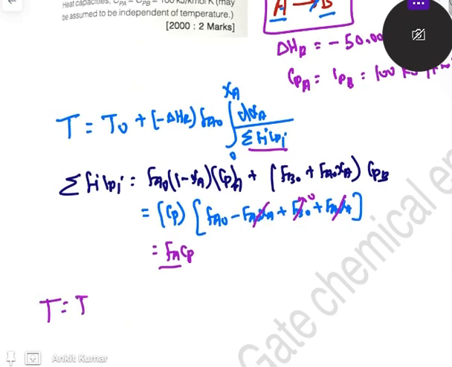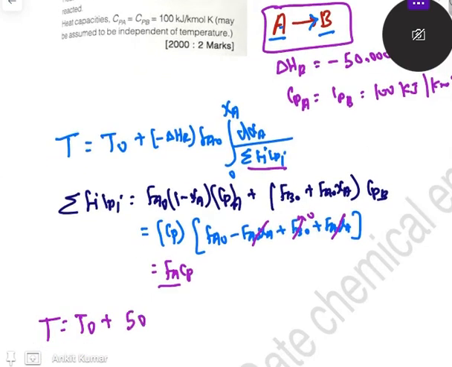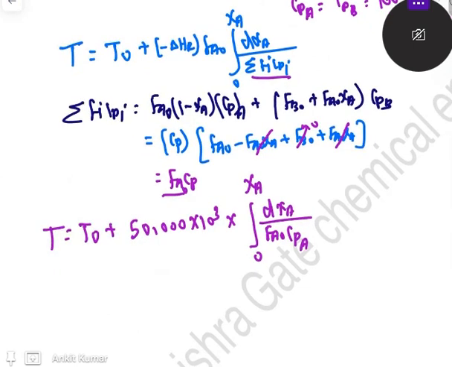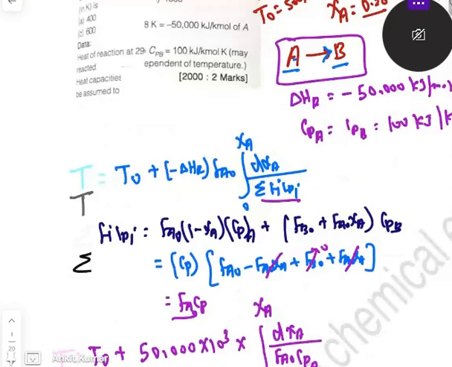So T will be equal to T naught plus minus delta H of R, that will be equal to 50,000 kilojoule per kilomole, multiplied by 10 to the power 3, multiplied with the integral from 0 to Xa of dXa, divided by Fa naught and Cp of A. Anything you can substitute, either Cp of A or Cp of B. T naught is given to you as 500 Kelvin.